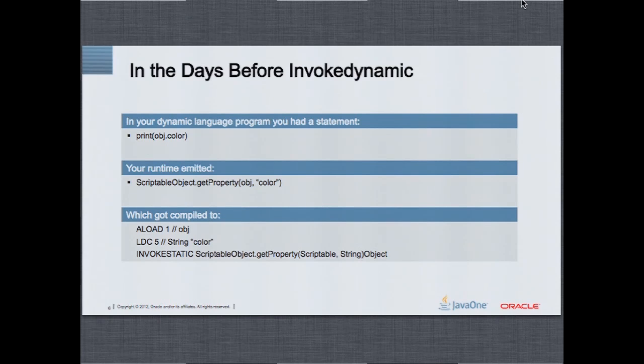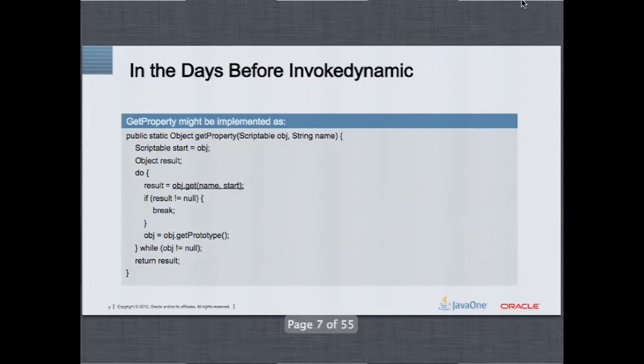You want to retrieve a property. So for instance, back in the days in, say, Rhino, you would have a static helper named getProperty. You pass the object and you pass the name of the property that you want. And this gets compiled roughly to this sequence of bytecode, which is load the object, load a string, invoke the static method. All right, so that's what we had.